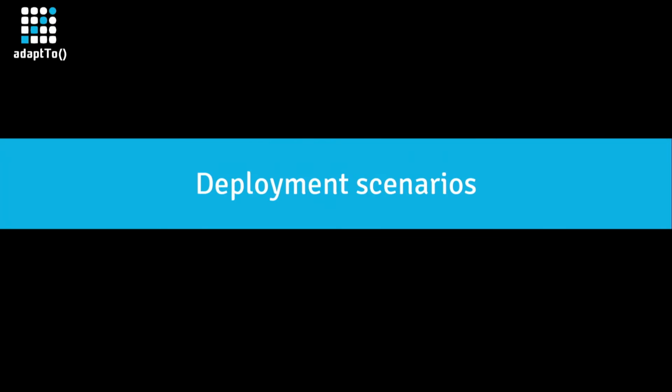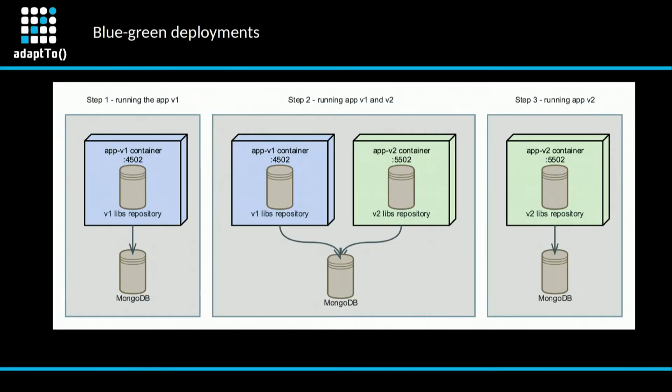So this kind of setup gives us interesting possibilities, because basically what we can do is the blue-green deployment. The blue-green deployment is a way to achieve a deployment without downtime. So this is this zero DT, zero downtime mode.